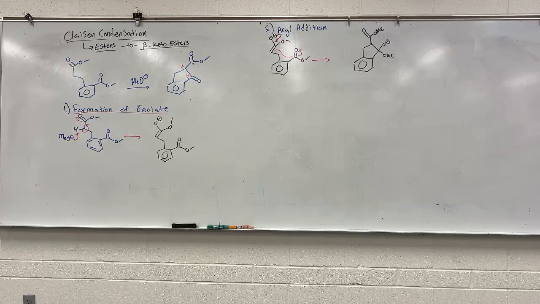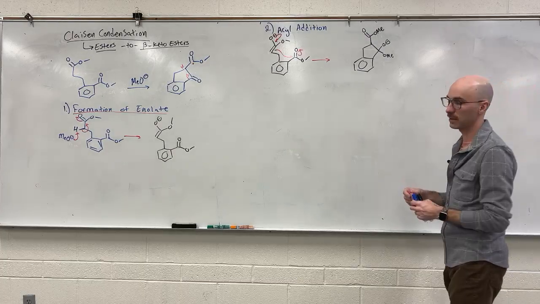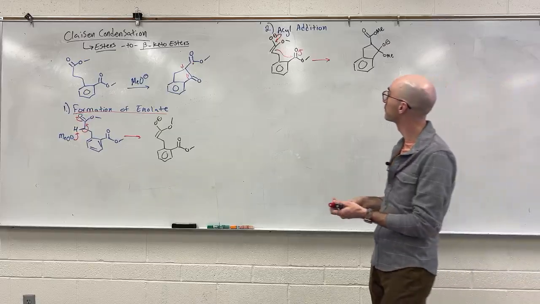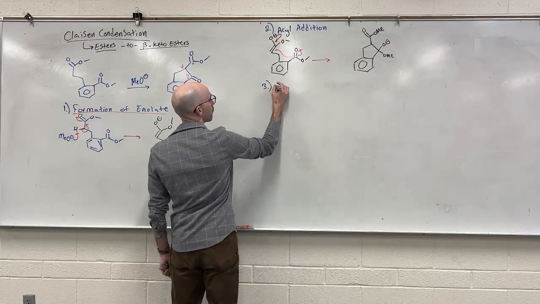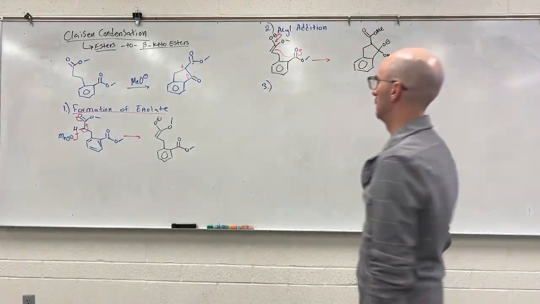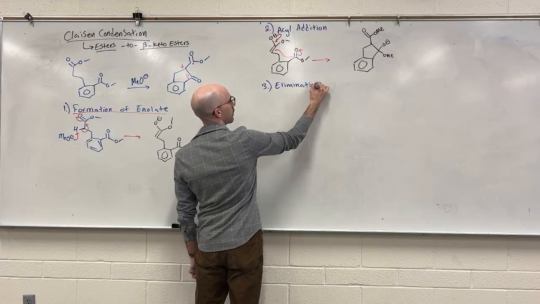Now, this reminds us a little bit of our reactions in Unit 4 with esters, carboxylic acids, acid halides, amides. This tetrahedral intermediate has a good leaving group that it can kick off. Sorry, I don't want to go too fast. What am I calling this? There might be a better name for this than elimination.